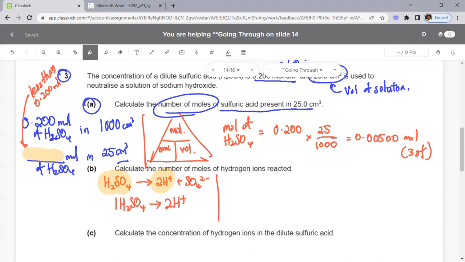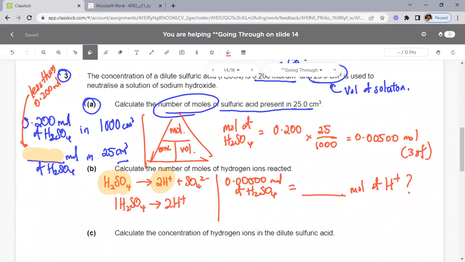So if I have 0.00500 mole of H2SO4, how many mole of H plus will I have?